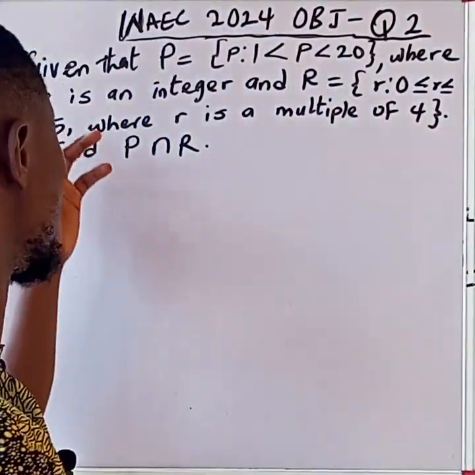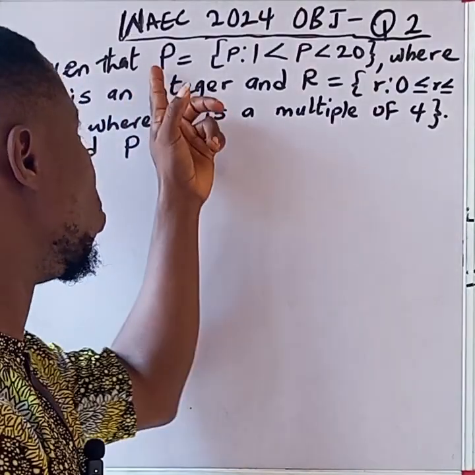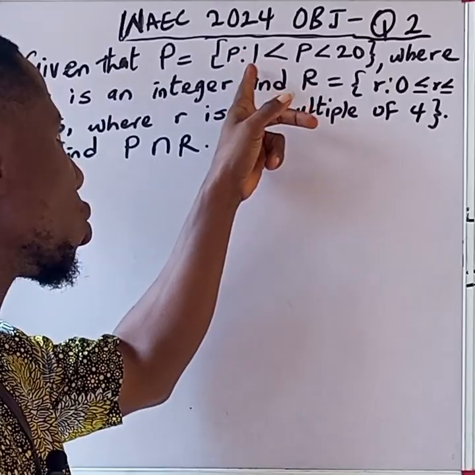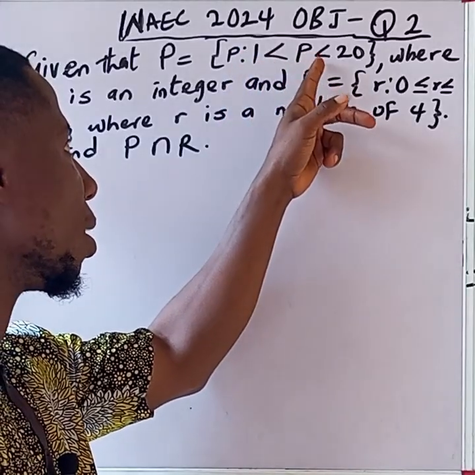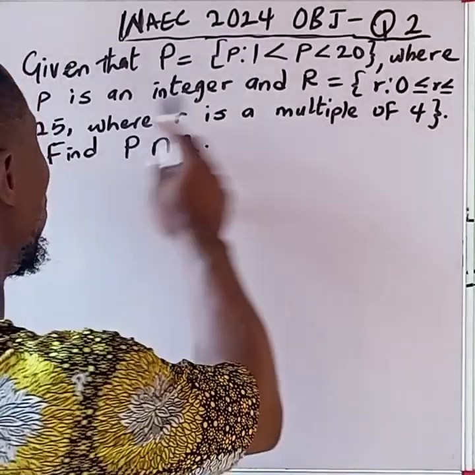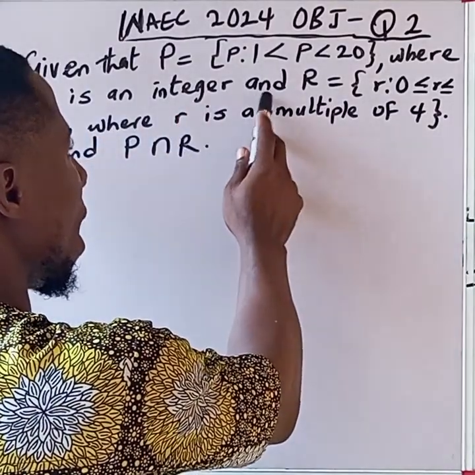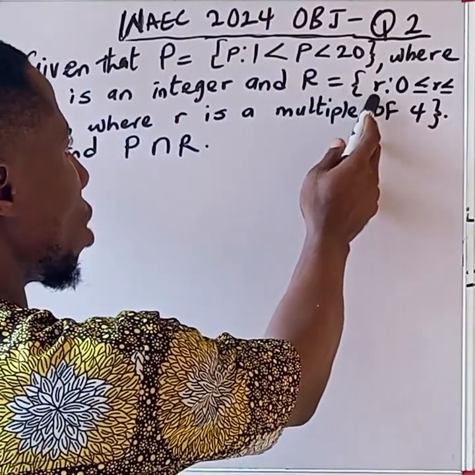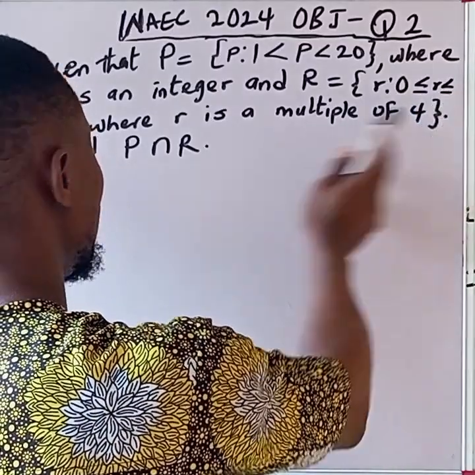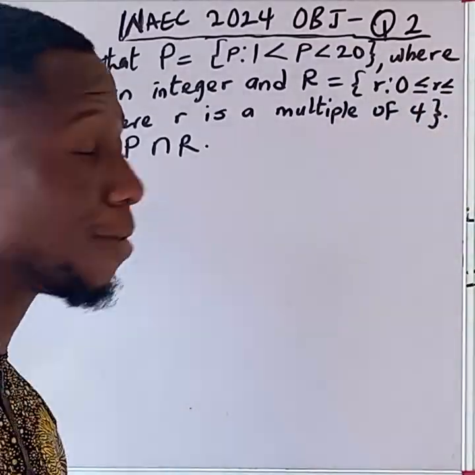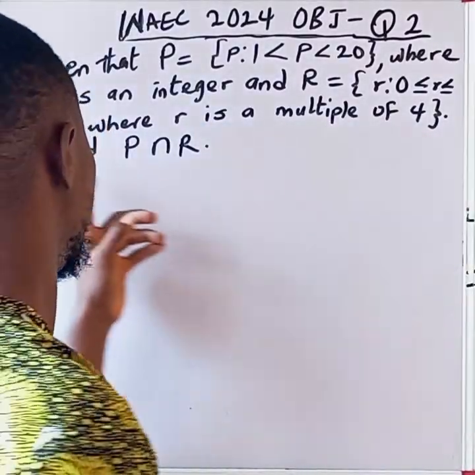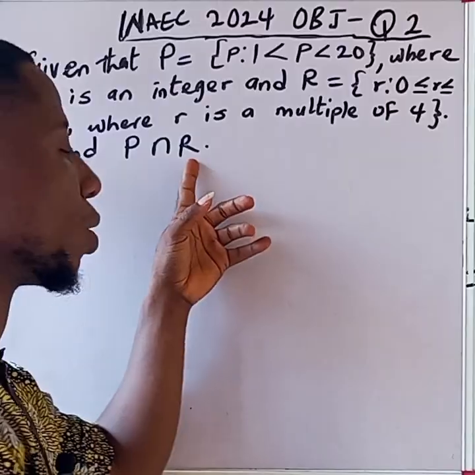It says, given that P equals, in brackets, P such that 1 less than P less than 20, where P is an integer, and R which is equals to R such that 0 less than or equal to R less than or equal to 25, where R is a multiple of 4. Find P intersection R.